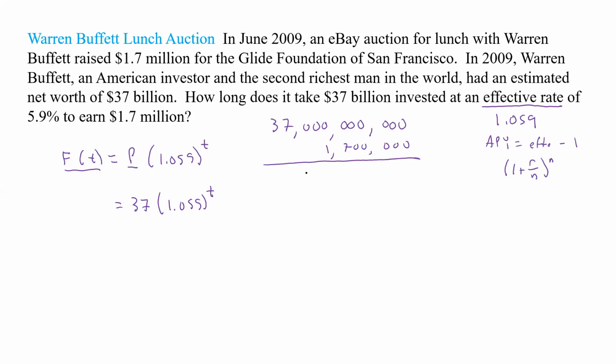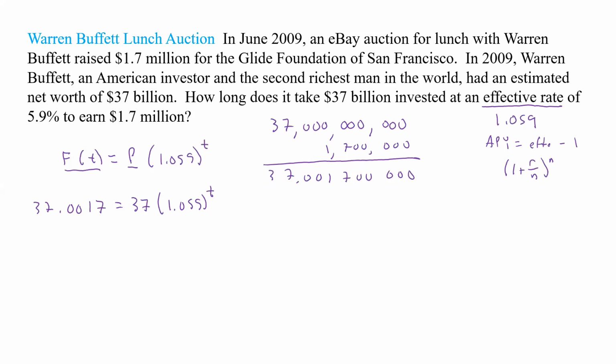And so what does that equal? 37001700000. And so if we're putting it in the terms of this, that's going to give me 37.0017. All right. And so that's the number I need for F of T, because that's what I'm going to get from my future value, investing 37 billion with an effective rate of 1.059, and we don't know what T is. So that's what we're looking for.